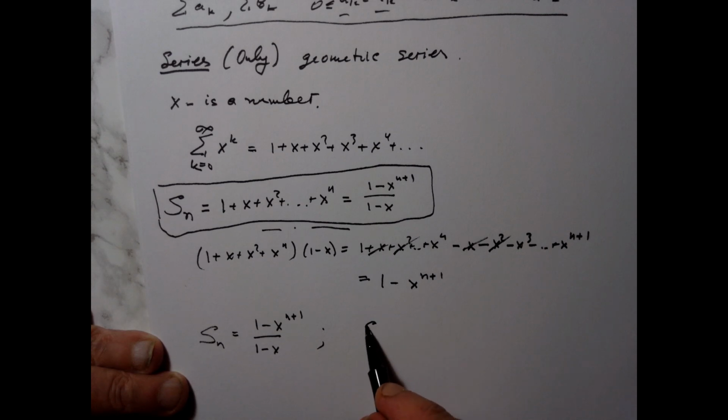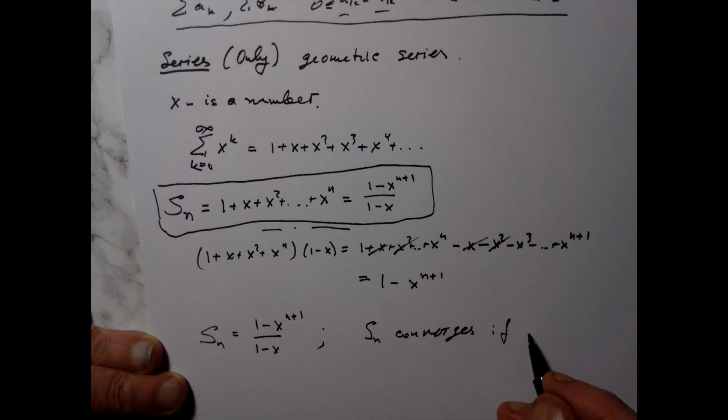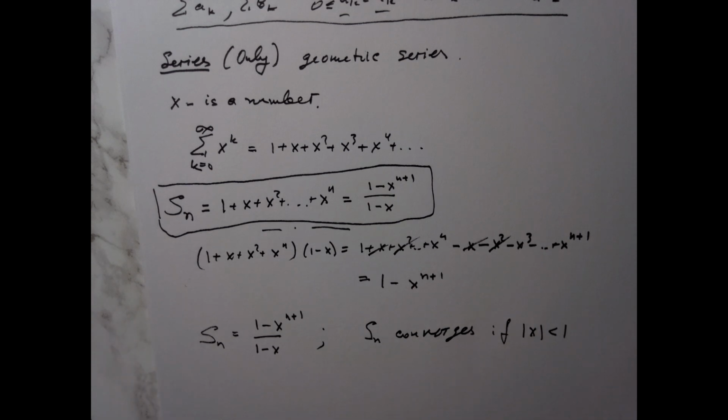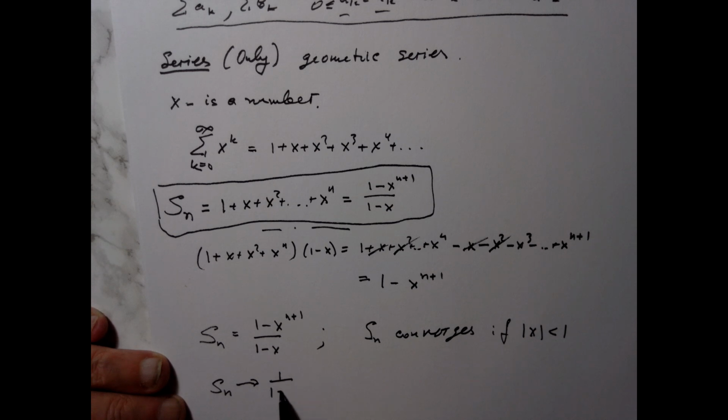So, when does Sn converge? Well, Sn definitely converges if x in absolute value is less than 1. Why does it converge if x is less than 1? Well, we know from the previous discussion that this term over here, if x is less than 1, tends to 0, and so in this case, not only do we know that Sn converges, but we know exactly what it converges to.